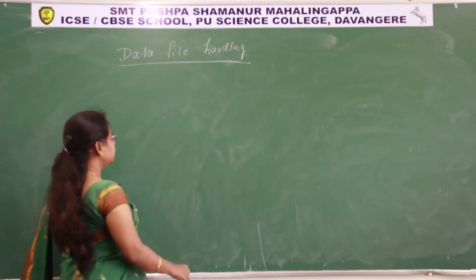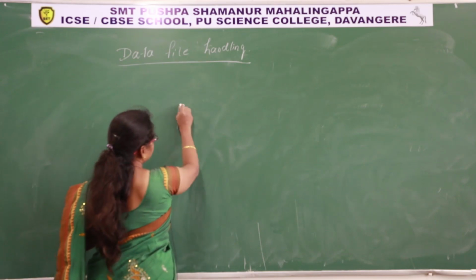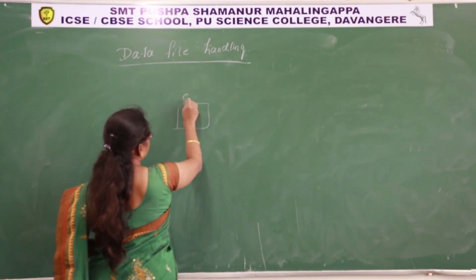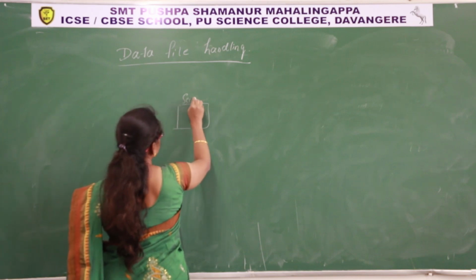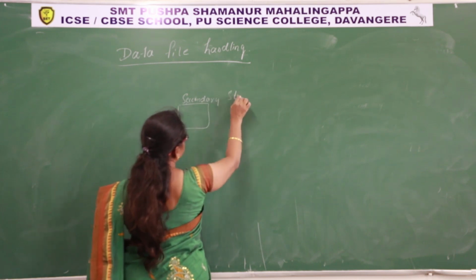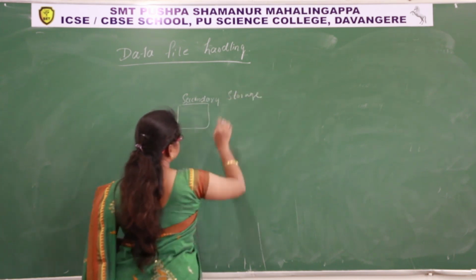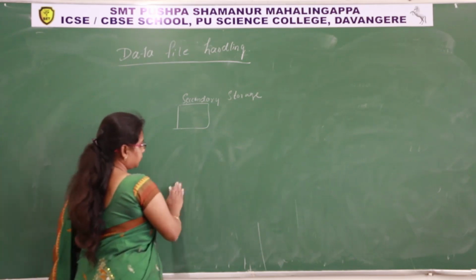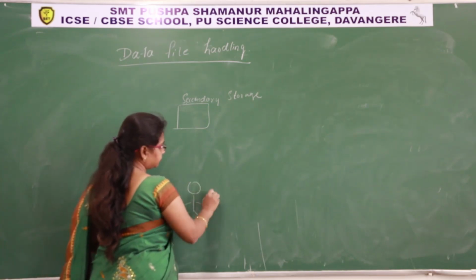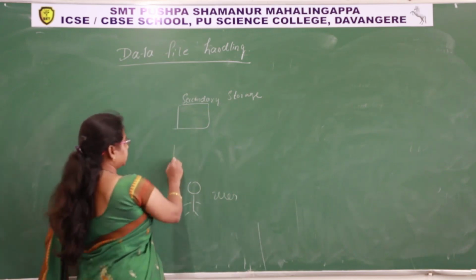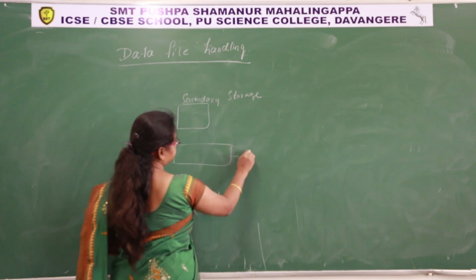Here, this is a file, let us assume this is secondary storage, that is hard disk. This is the user, and this is a program.